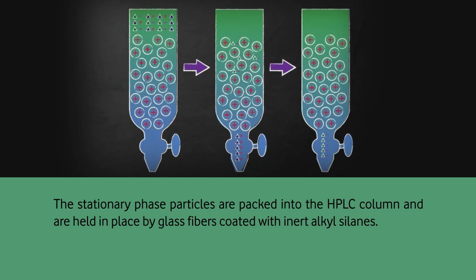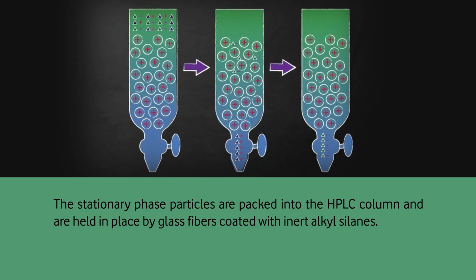So the mobile phase is supposed to be pushed with pressure. So we apply the pressure, and that is when the technique becomes HPLC. The high pressure is applied, so the mobile phase moves faster.